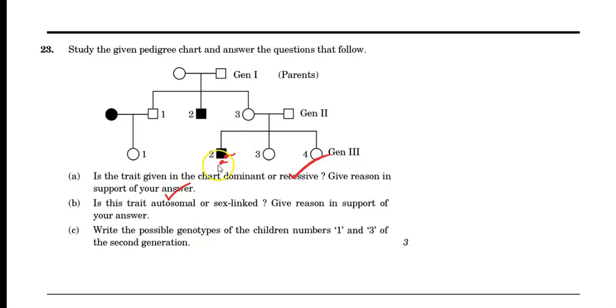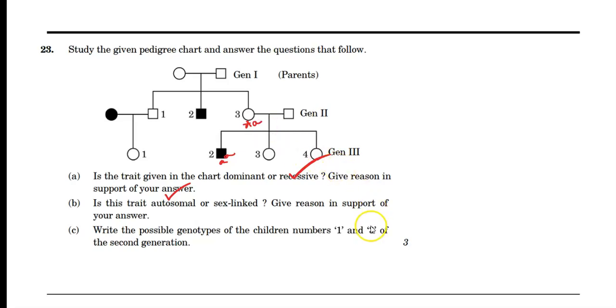For AA to come, definitely one A will come from this parent and A from the other parent. So this will definitely be heterozygous: capital A will come, small a will come. Because if it is both small a, 3 would be an affected person.